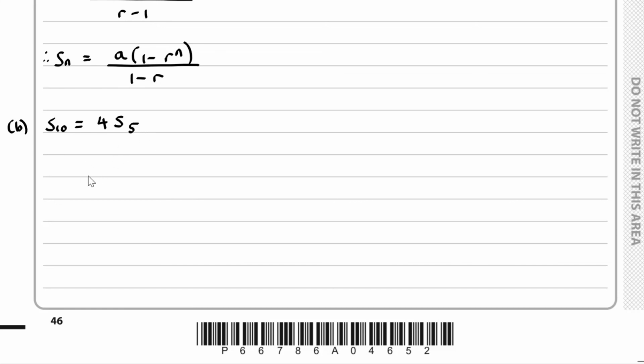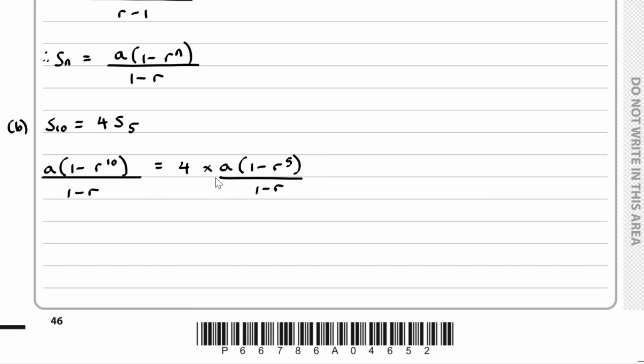So S10 is going to equal a multiplied by 1 minus r to the power of 10 over 1 minus r, and this is equal to 4 lots of a lots of 1 minus r to the power of 5 divided by 1 minus r.